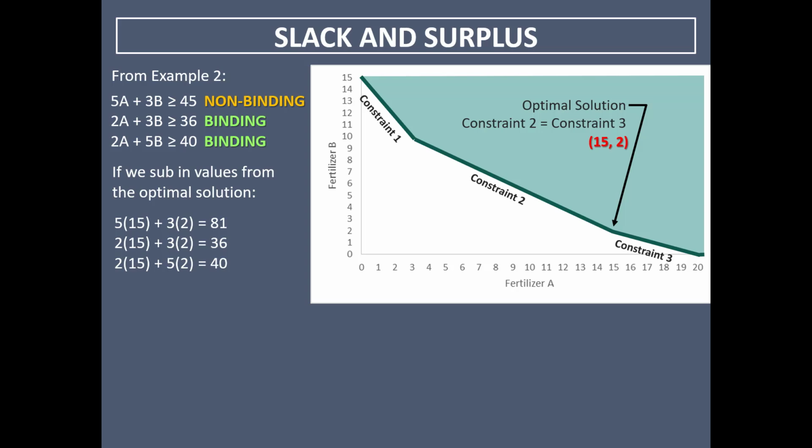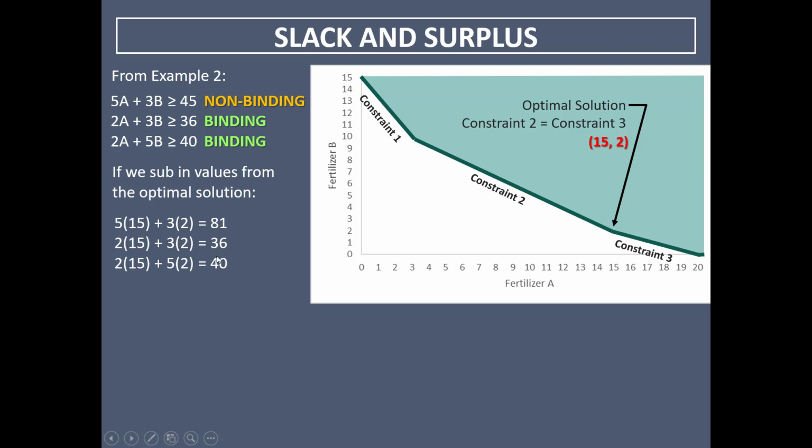At my binding constraints, 2 and 3, what I should notice is as I sub the optimal solution into the left-hand side of this inequality, I end up with the exact number of units as my bare minimum. I had to use at least 36. I could have used 36 or anything more, but I notice at my optimal solution, I'm using that exact bare minimum.